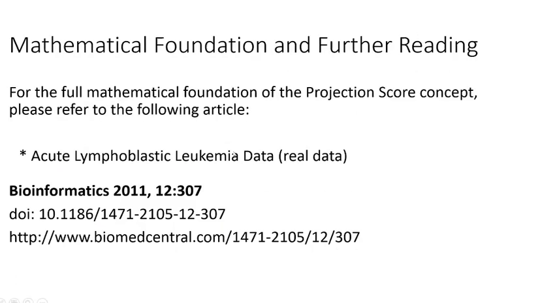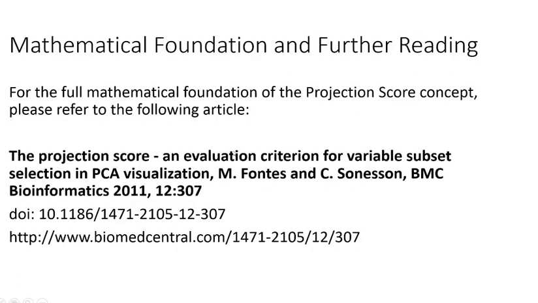So, as I said, projection score has a very firm mathematical foundation and rationale. For further reading, we refer to this article by Magnus Fontes and Charlotte Sonesson. It's called Projection Score, an evaluation criterion for variable subset selection in PCA visualization in bioinformatics.